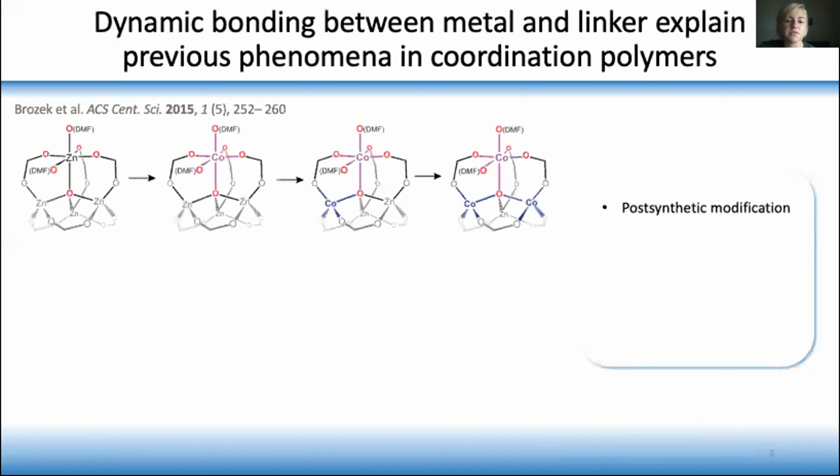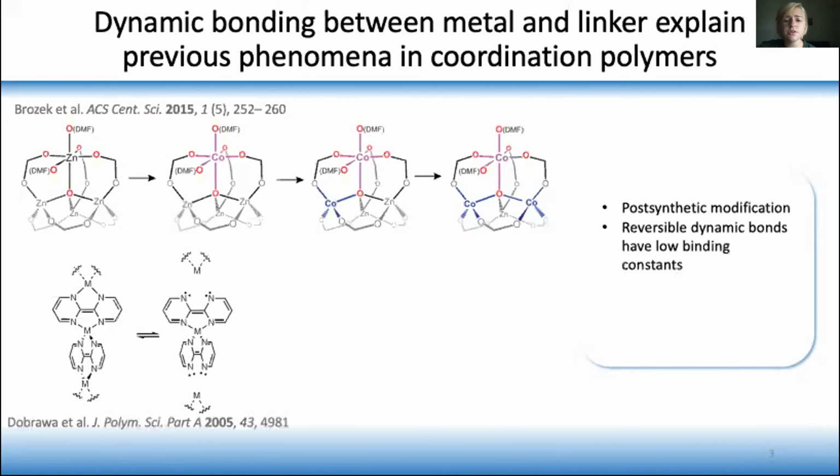And so previously, the dynamic nature of metal linker bond was revealed from post-synthetic modification studies with one of the most well-studied frameworks, MOF5, in which the authors performed cation exchange and discovered that the zinc center easily changes geometry when soaking in a solvent and subsequently changing the metal identity.